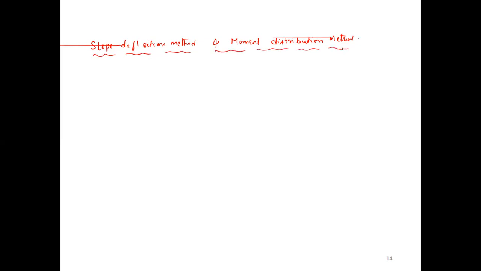First, we will move on to slope deflection method. These two methods are very, very important from the exam point of view. Especially, these two methods are specifically mentioned in indeterminate structural analysis. This is related to your analysis of indeterminate structures.